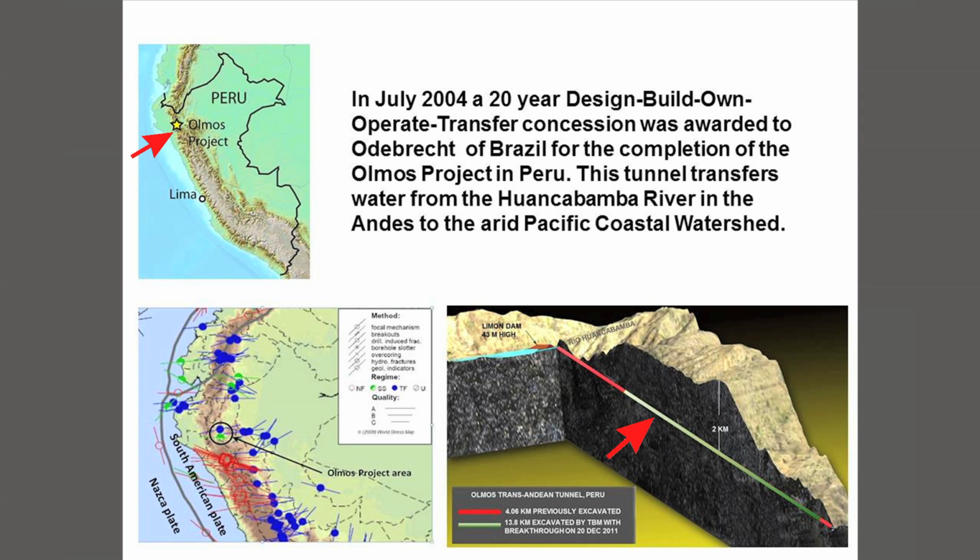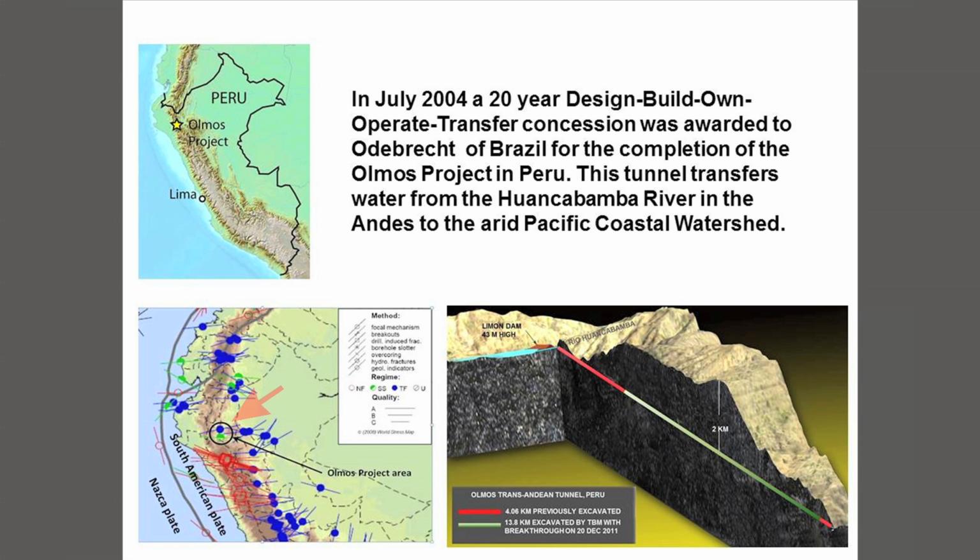And the tunnel is a total length of about 18 kilometers. The original few kilometers, as you see in this illustration down here, were mined under a Russian contract by drill and blast, and then that ended, and 13.8 kilometers were left to be mined by the company that did this.